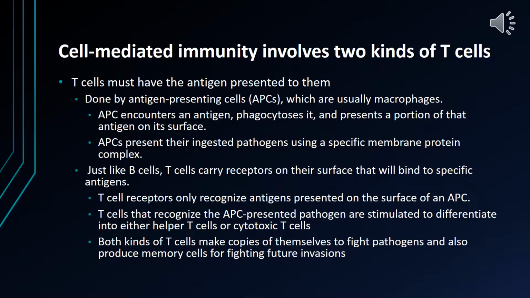T cells that recognize the APC presented pathogen are then stimulated to differentiate into either the helper T cells or the cytotoxic T cells, and either of these kinds of cells will make copies of itself to go and fight the pathogen, and it will also produce memory cells for fighting any further or future invasions.